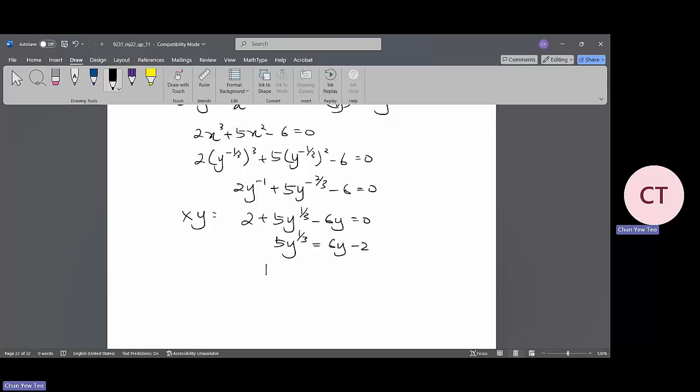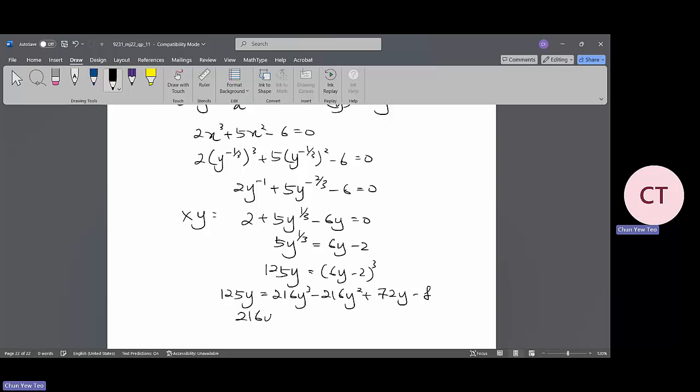Cube both sides. If you cube both sides, then you get this. So this one is 125y. This one will be 216y cubed minus 216y squared plus 72y minus 8.